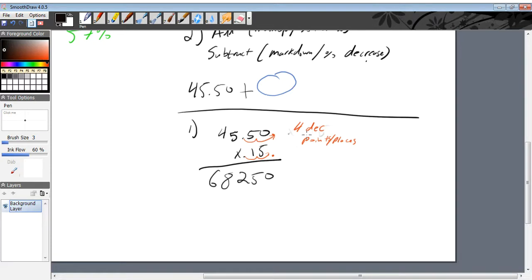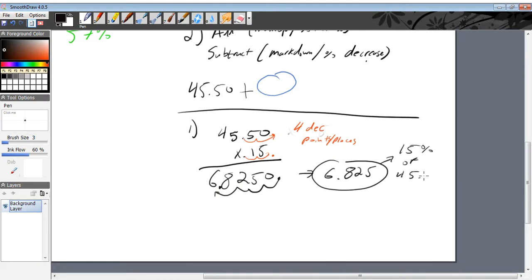And now I need to move the 4 decimal places. So it starts here, and 1, 2, 3, and 4. So 6.825. So what this number means right here, this is 15% of 45.5.